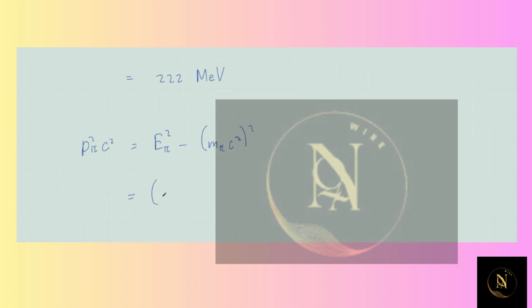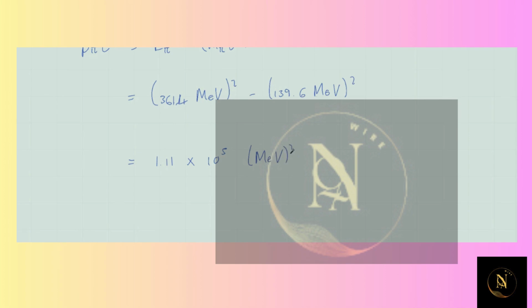And this is 361.4 mega electron volts all squared minus 139.6 mega electron volts all squared. This is 1.11 times 10 to the power 5 mega electron volts all squared.